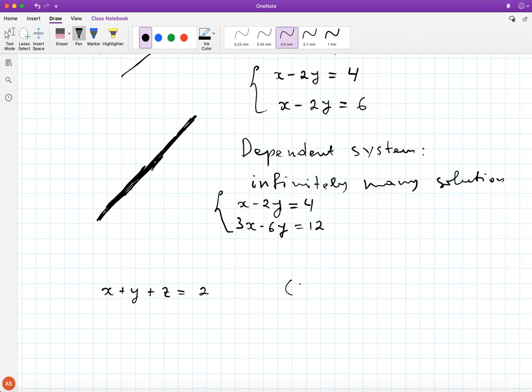For example, we can have (1, 1, 0), or (0, 2, 0), or (-1, 1, 2). All of these triples of numbers are solutions, and it's very easy to find more. In fact, we could choose x and y values arbitrarily and then plug them into this equation, and determine the value of z that would make this equation work.